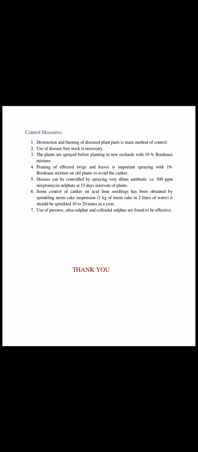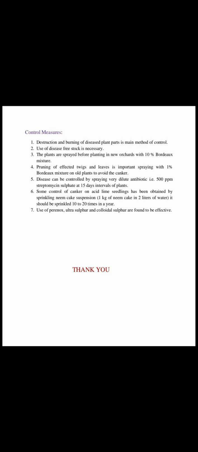The last point in this disease is control measures. The first control measure is destruction and burning of the diseased plant or diseased plant parts. If the disease spreads widely, you have to burn or destroy the whole plant. If the disease spreads rarely, then we have to discard the diseased part of that plant.